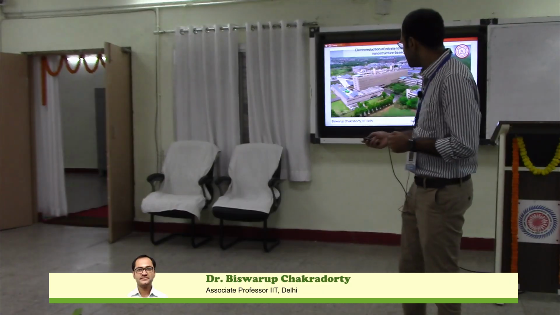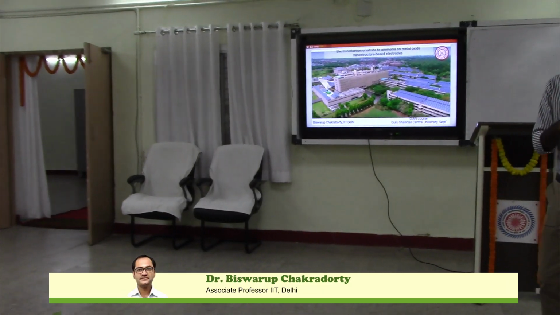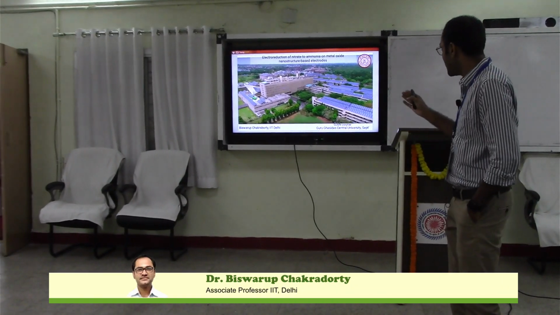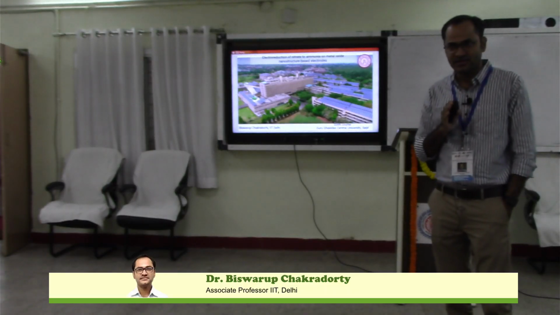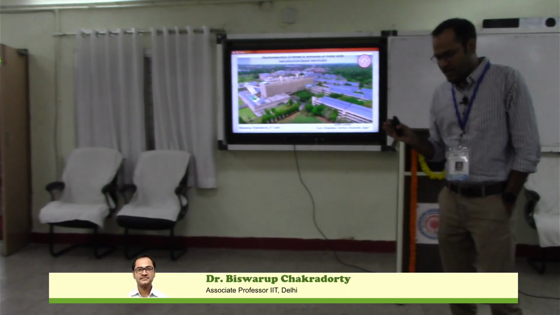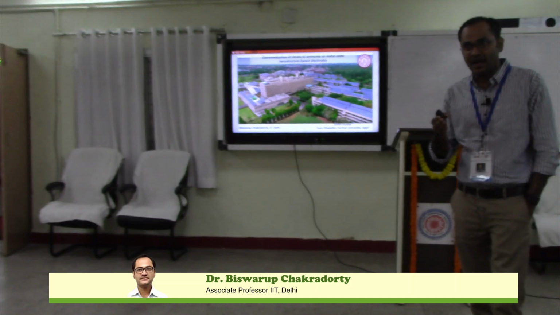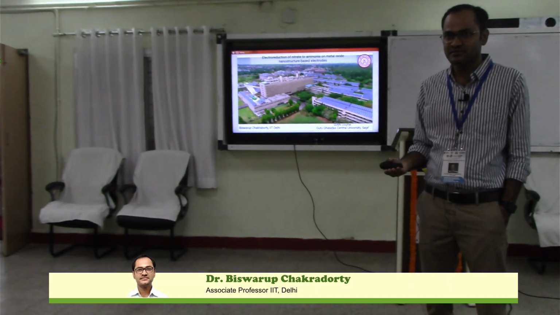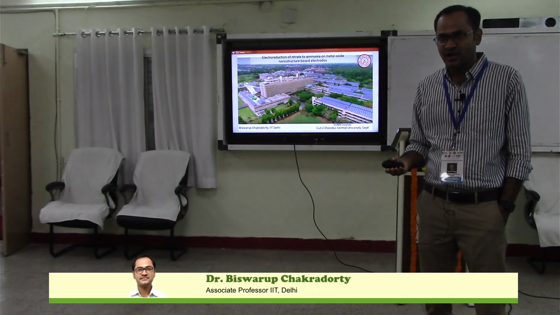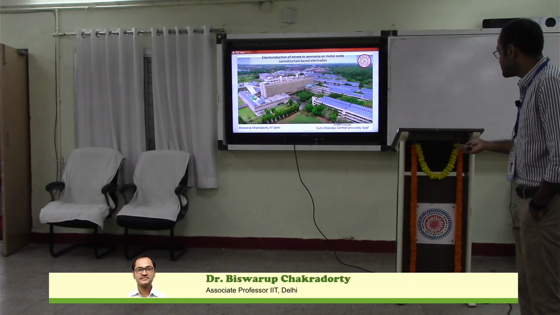Now, today's talk, that's why I particularly chose the electroreduction of nitrate to ammonia on some metal oxide nanostructured based electrodes. Now, if ammonia can be produced from nitrogen, then why is nitrate reduction to ammonia important? I will come to that point, but before that, let me just show.